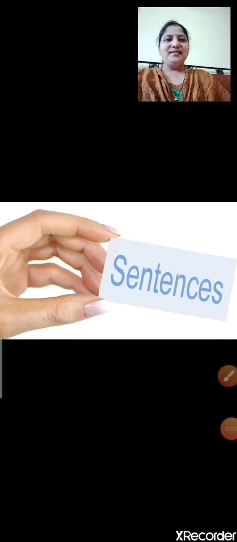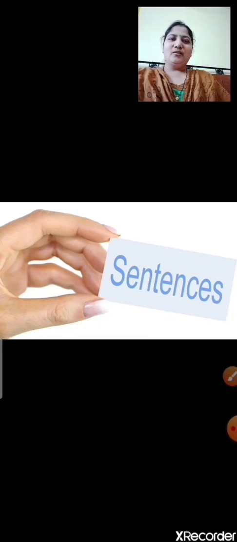What is a sentence? A sentence is a group of words which make a complete sense. A sentence always contains a verb, that is a doing word or an action word. Right children?